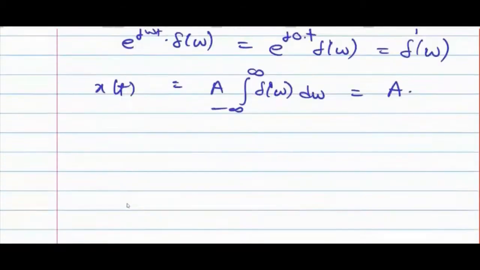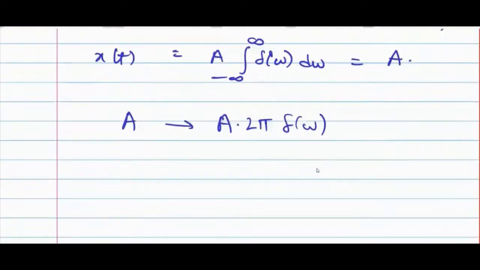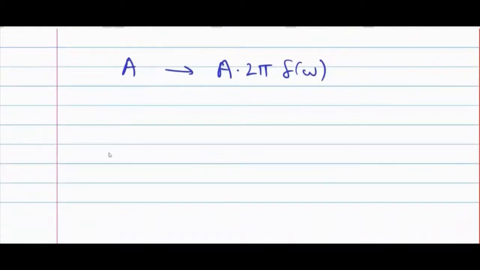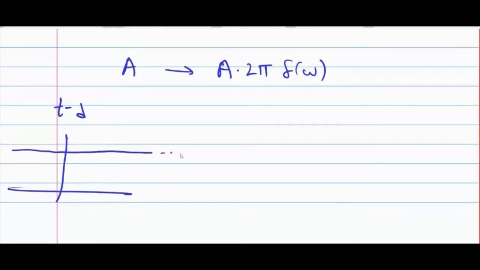We can say that A has Fourier transform A into 2 pi delta omega. Now, if I plot the spectrum, the time domain signal is A. This is the time domain signal, constant A, it has amplitude A. Then the spectrum: what Fourier transform did we get?